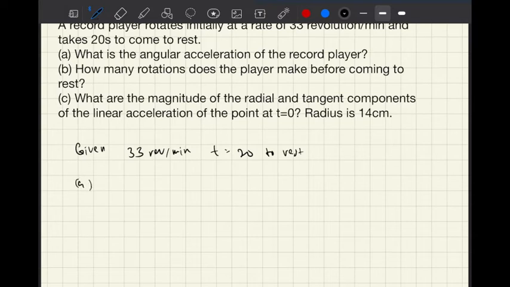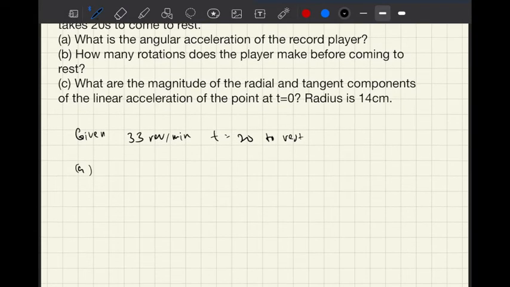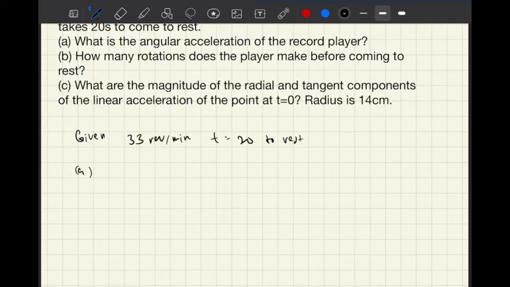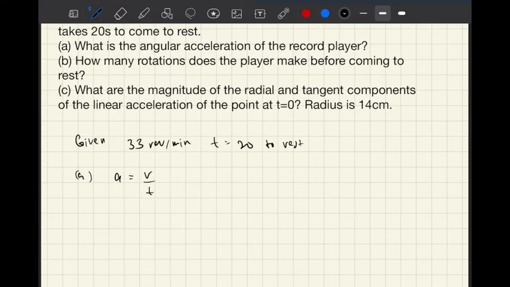So part A asks: what is the angular acceleration of the record player? We know that the equation of acceleration is velocity divided by time. So in circular motion, it's alpha equal to omega over time.